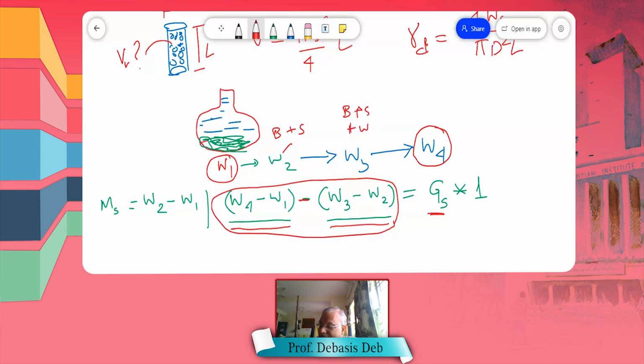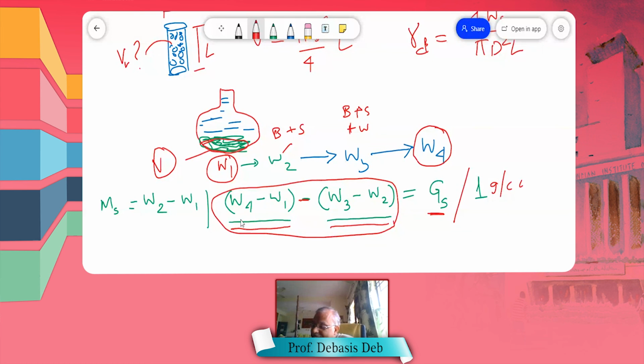In that sample space, I'm getting the volume here, or rather it has to be divided. I think it should not be multiplied by 1 gram per cc.